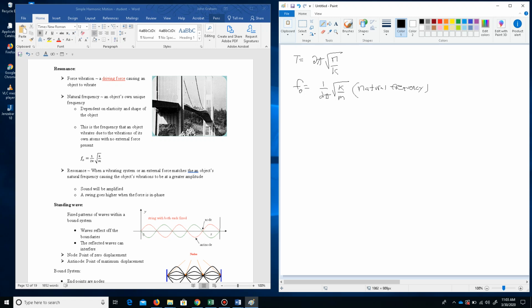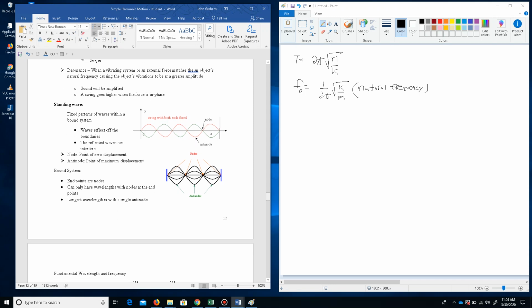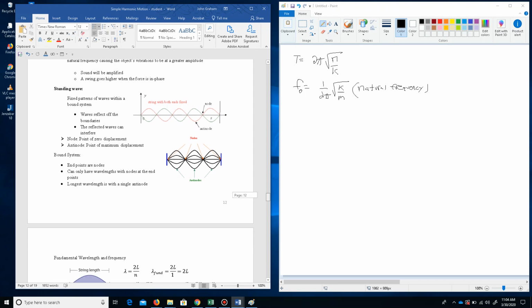For instance, a swing will go higher when the force is in phase with the swing. Light would be brighter, things like that. Alright, so we use that a little bit when we're dealing with standing waves.